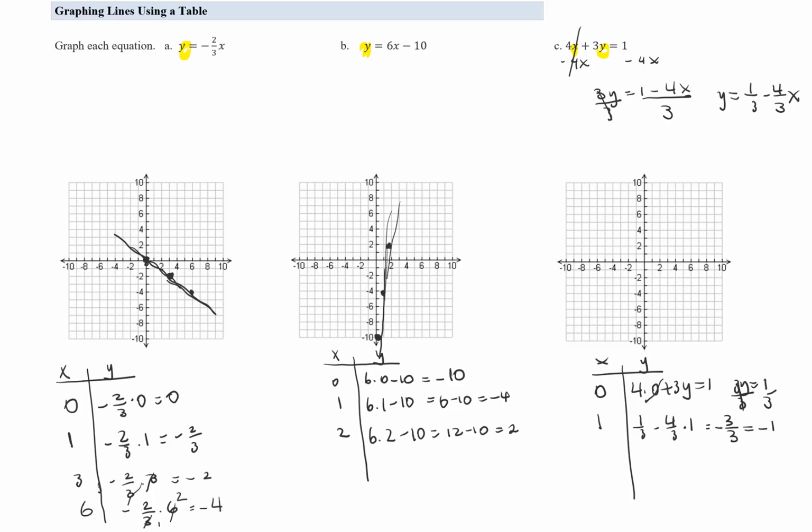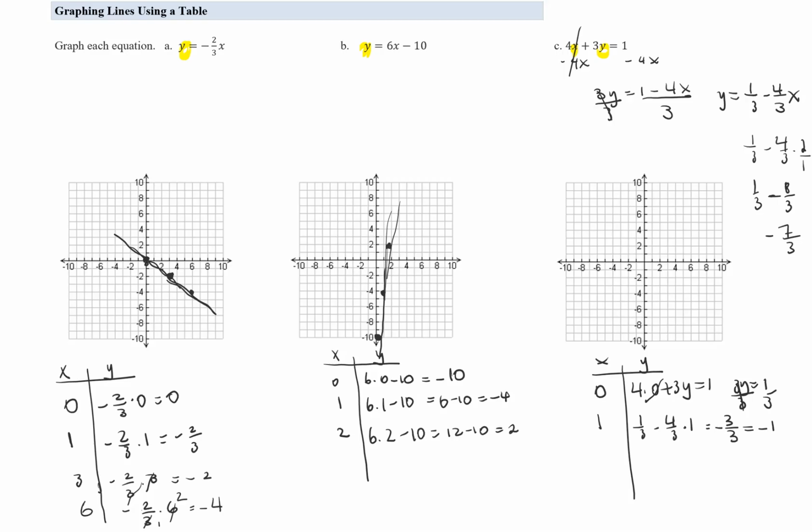Let's see, if we sub in 2, do you see how we will get 1/3 minus 4/3 times 2? So we get 1/3 minus 8/3, because you multiply across the top. 4 times 2 is 8, 3 times 1 is 3, and 1 minus 8 is negative 7/3. That will not be a convenient point to graph. So I will not use x equal 2.